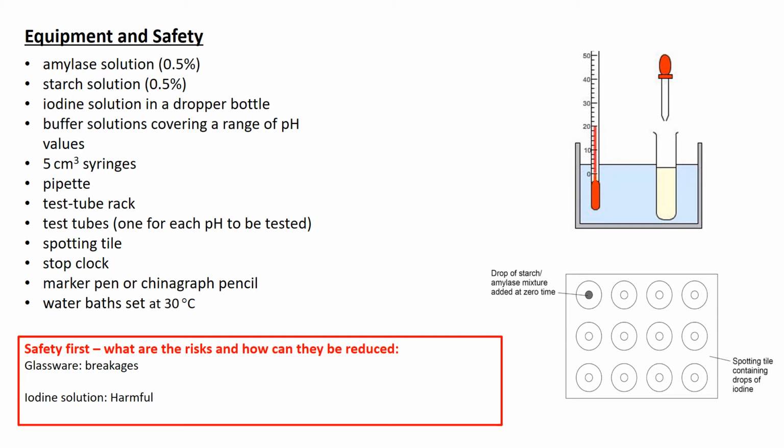We're going to take a drop out at regular time intervals to measure how long it takes for the starch to break down. We've got iodine in our dimple tiles. When we drop in the sample from the pipette, is there any starch present or not, or has it all been broken down? So here's our equipment.